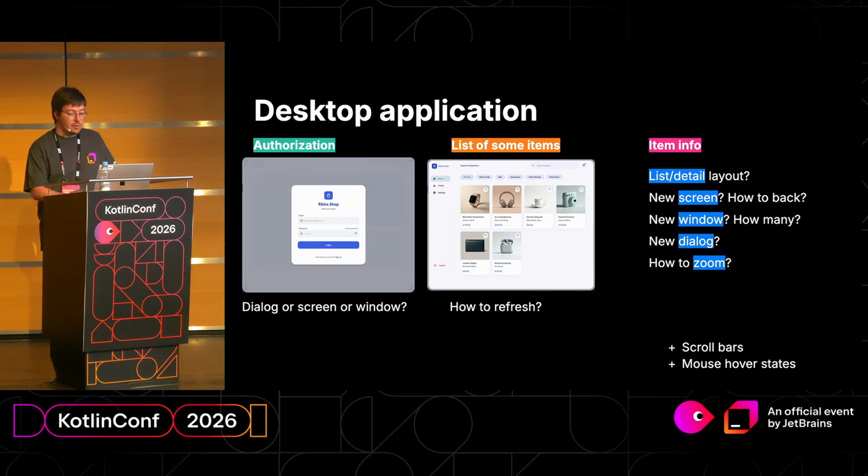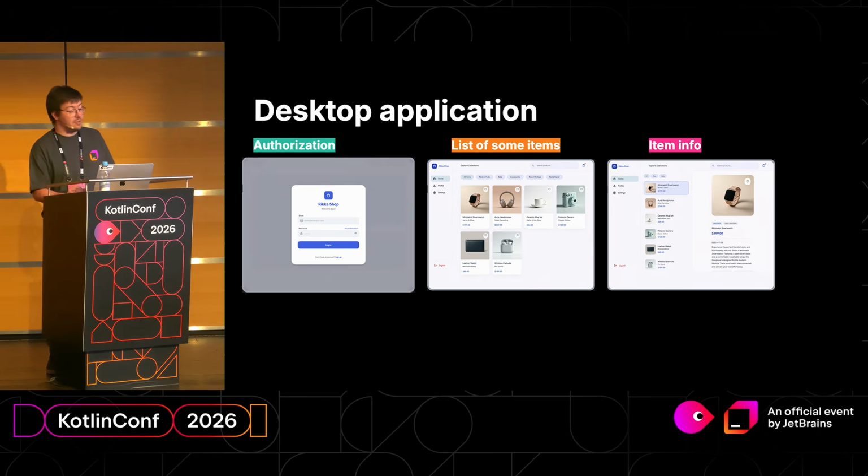And even more, for the desktop, user expectations are to have scroll bars for every scrollable content, mouse hover states, etc. And we cannot describe exact expectations on the desktop because they don't exist. For historical reasons, almost all desktop applications work differently.